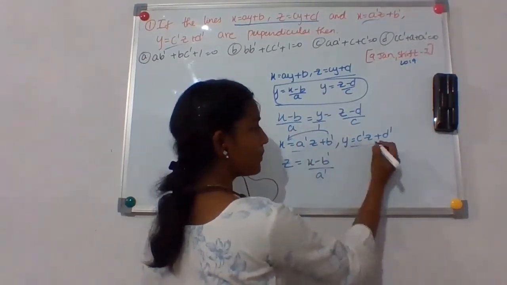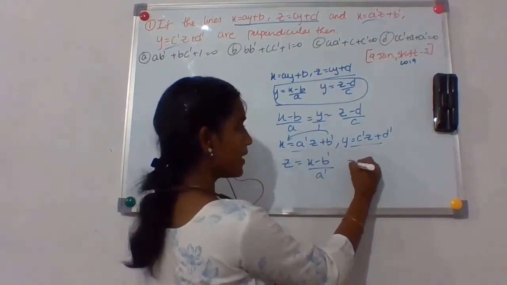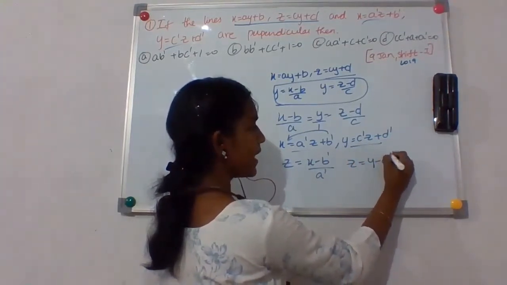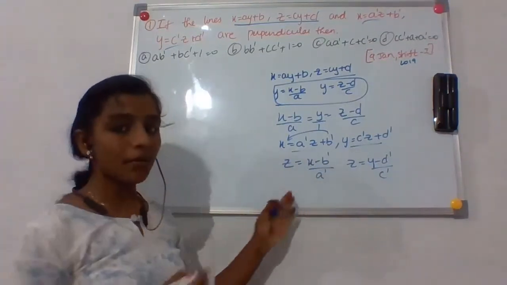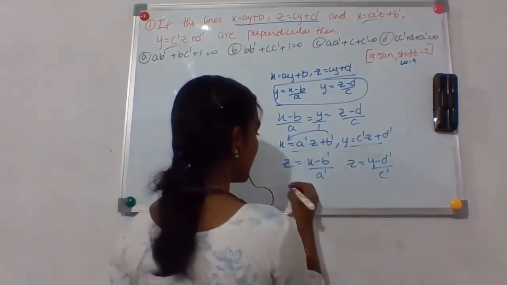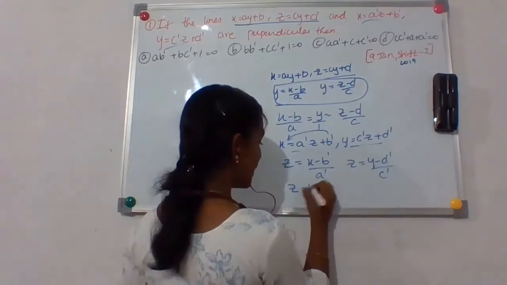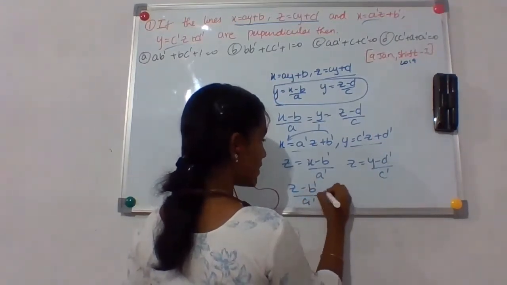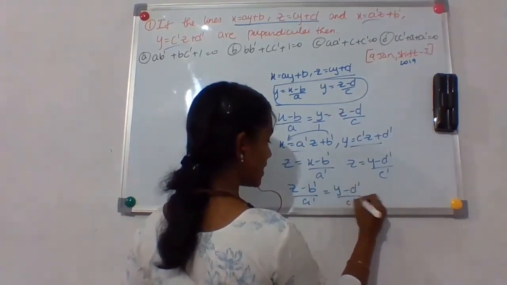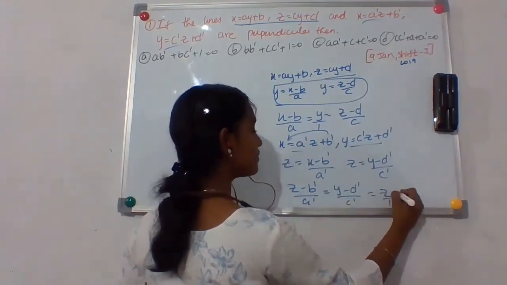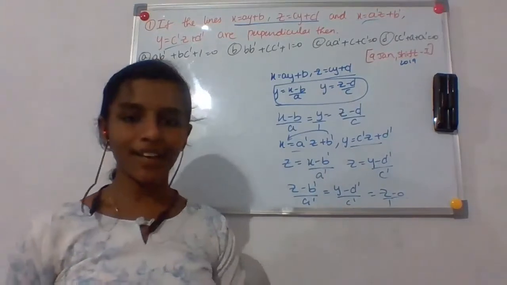Okay. So from this equation I get z is equals to y minus d dash by c dash. Now if I combine both the equations, what do I get? I get x minus b dash by a dash is equals to y minus d dash by c dash is equals to z by 1, if you want.